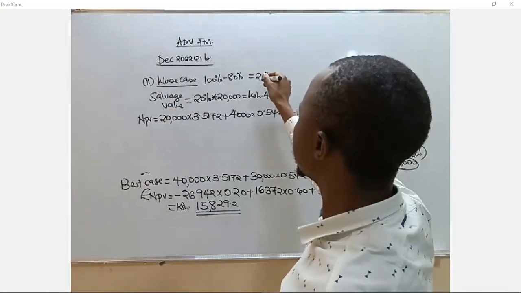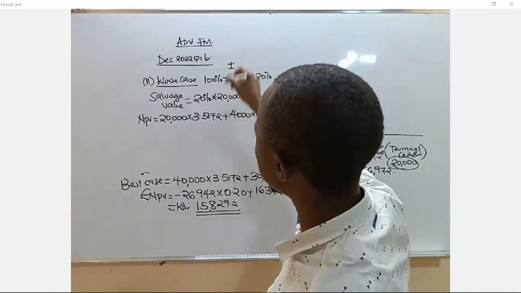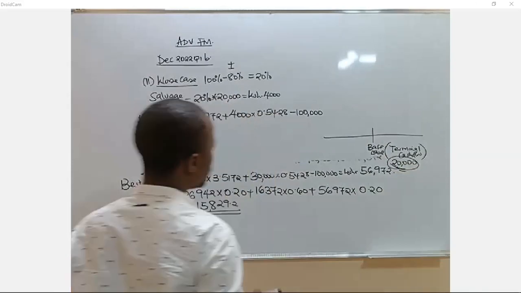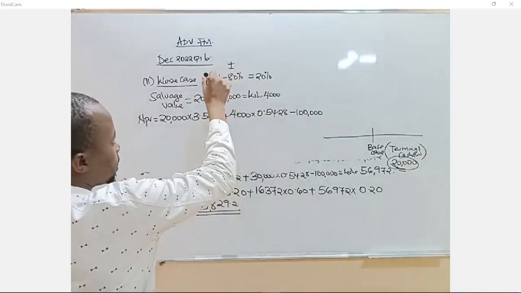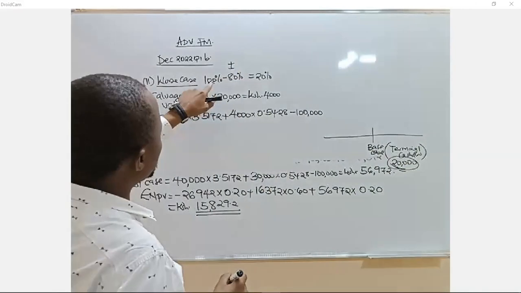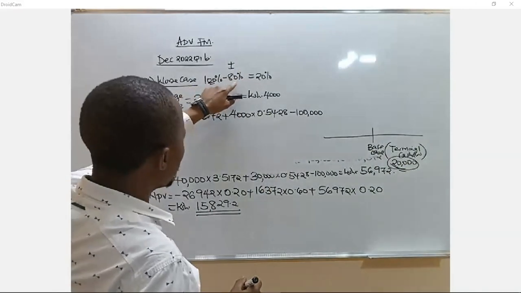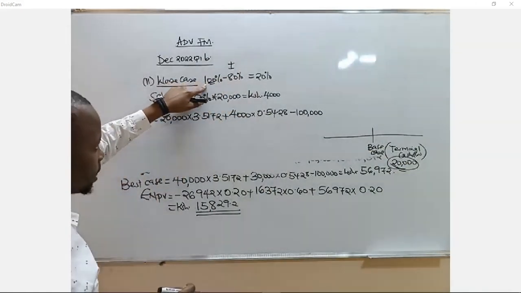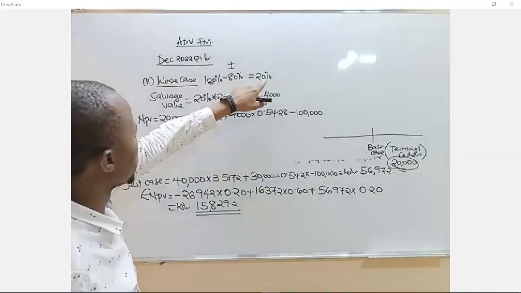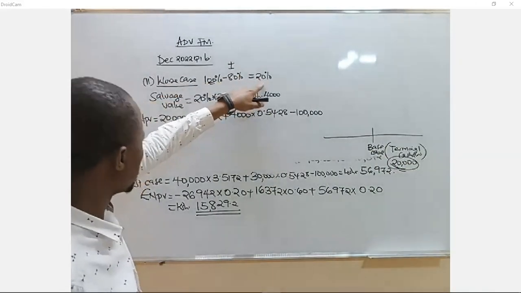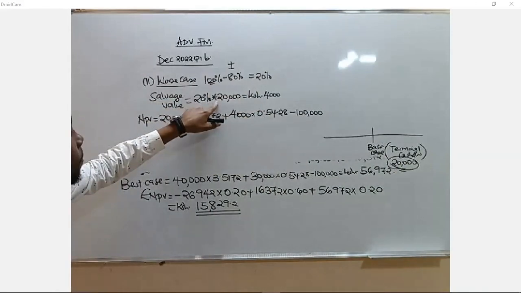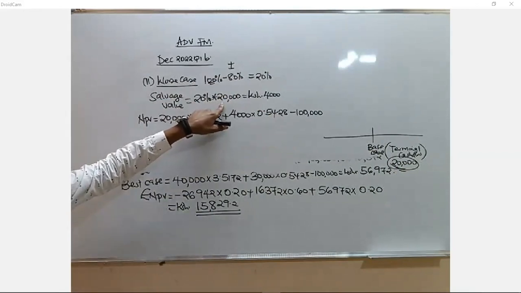Tukiangalia the changes in the variables between positive and minus, mimi nimechukua variable yangu yenye ilikuwa 100%. 20,000 ilikuwa 100%, but tunaambiwa tuangalie the changes between the 100 by 80, because the changes is minus and plus 80%. So nikakuja nikachukua 100% minus 80, where we are getting the worst case scenario to be 20%. So nikakuja nikasema to get my salvage value, take 20% times the terminal cash flow ya best case, which is 20,000.